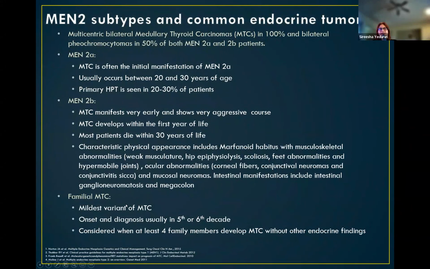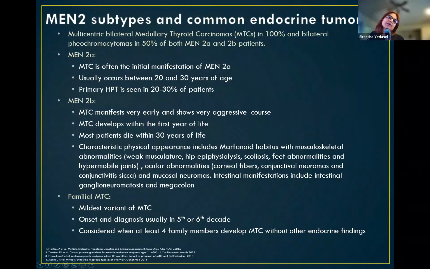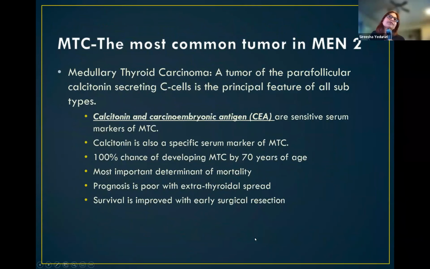Familial medullary thyroid carcinoma is the mildest variant, usually occurring in the 5th to 6th decade, and is considered when at least 4 family members develop MTC without other endocrine findings. Again, I wanted to emphasize that medullary thyroid carcinoma is a tumor of the parafollicular calcitonin-secreting C cells, and it is the principal feature of all subtypes.